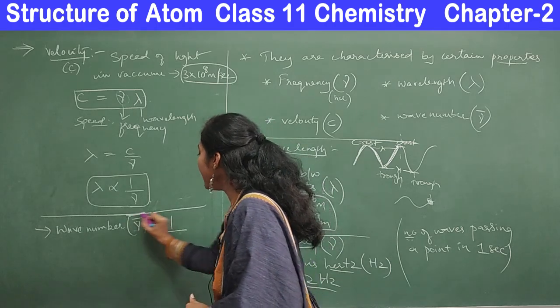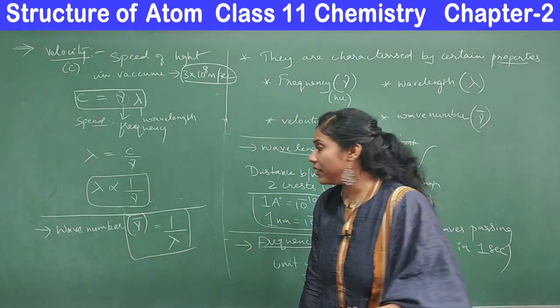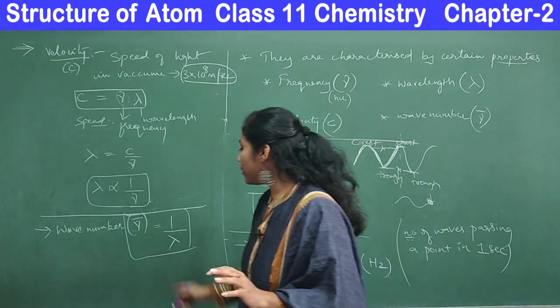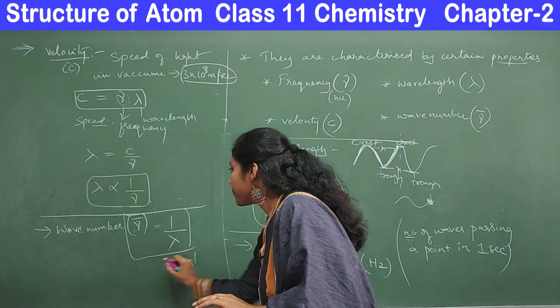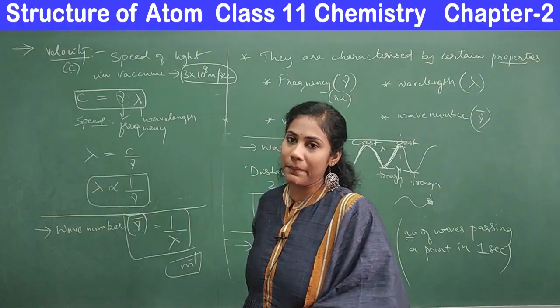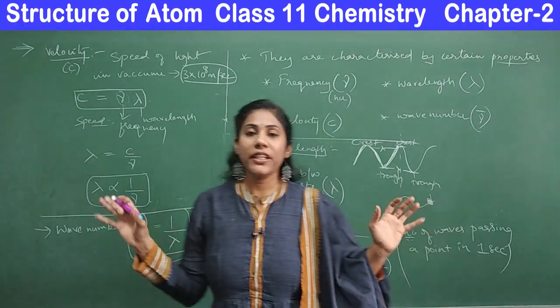It's the reciprocal of wavelength, called wave number, right? So what is its unit? The unit will be meter inverse, because it's 1 by lambda, right? So that's all about the various terms you need to remember.